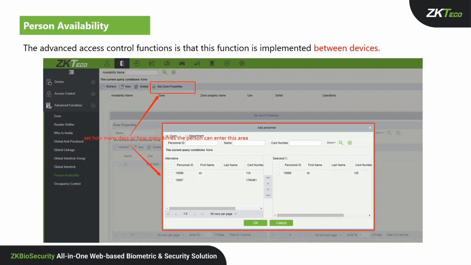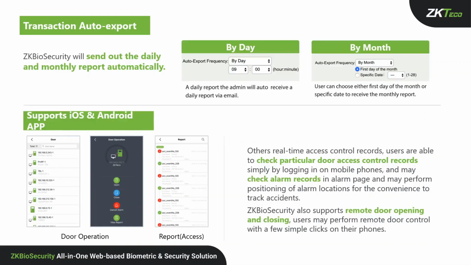There's an option per person, for example per punch or per day, or for how many days a user can punch. This depends on zone. You need to zone at least 2 doors for person availability, because it needs in and out.